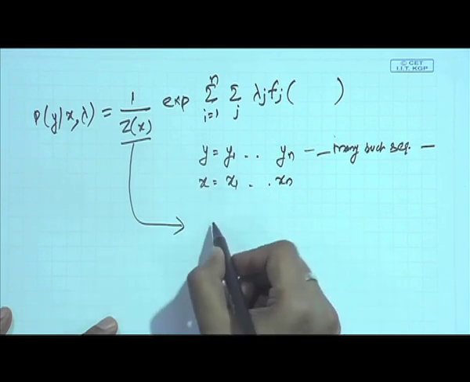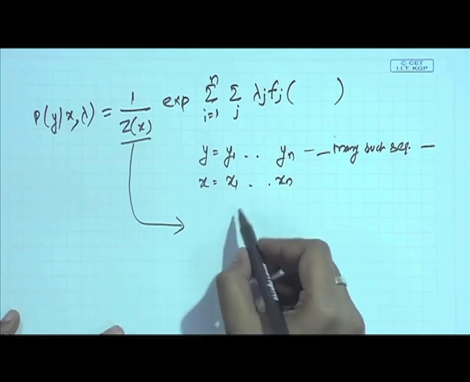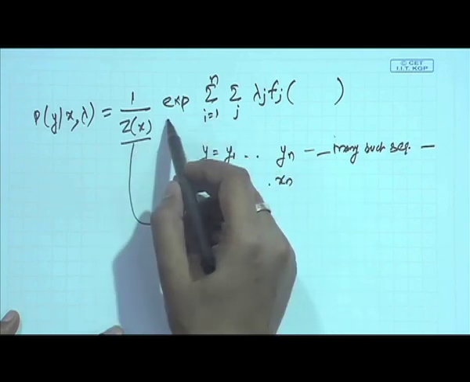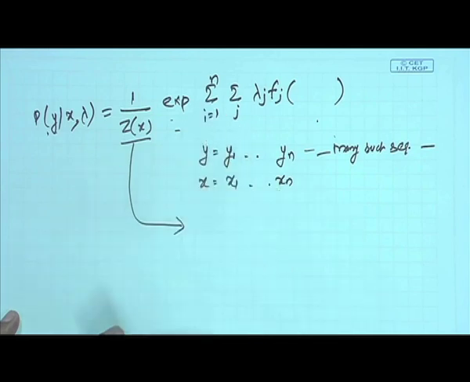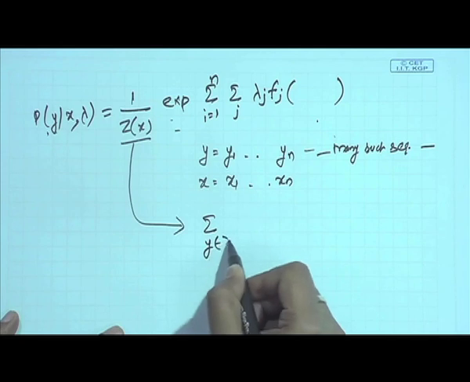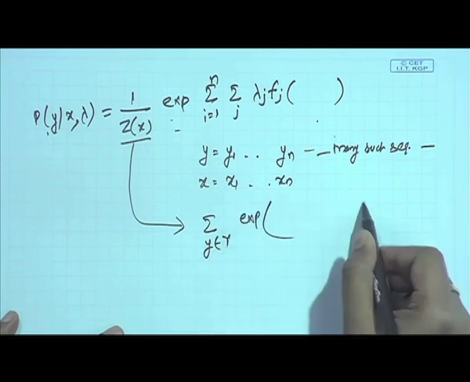So, you can write it as summation over all the sequences. I have this value for only the current sequence y, I will add it over all the sequences, that will give me Z. So, summation over all possible y, exp, and whatever was inside.